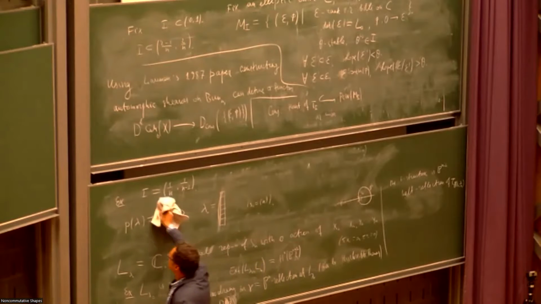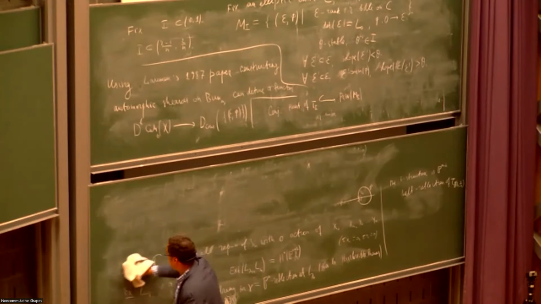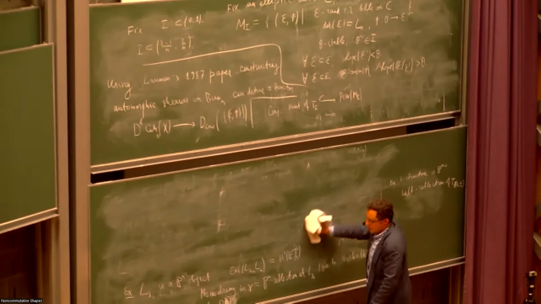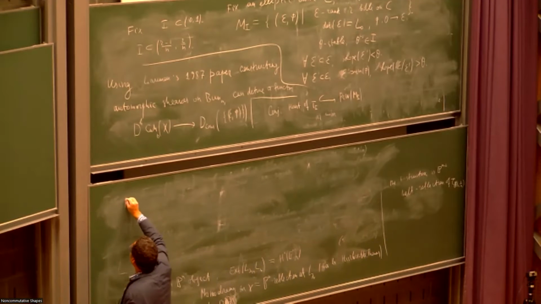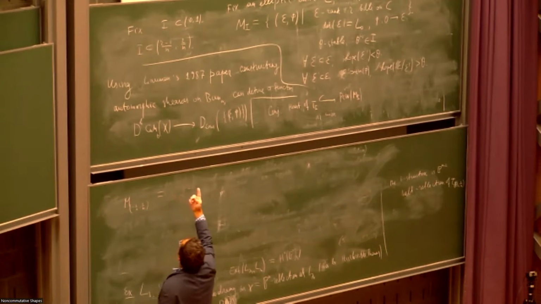And then I'll stop. So M_{-1/n,1/n} is just, the bundle has to have rank 1 and its determinant is fixed.